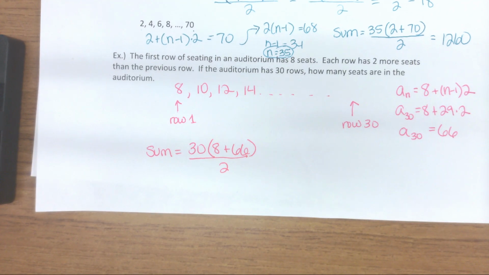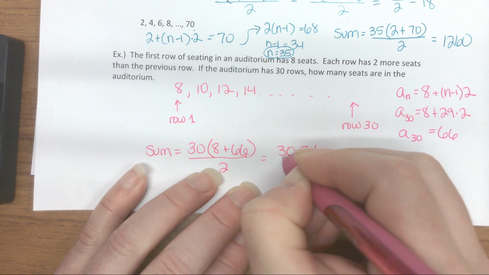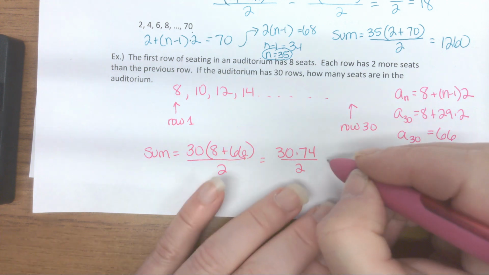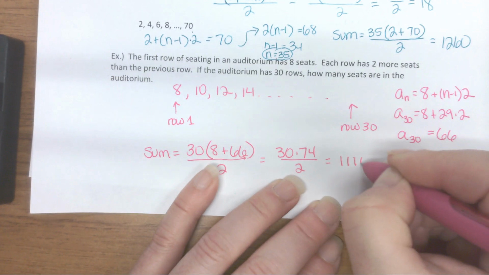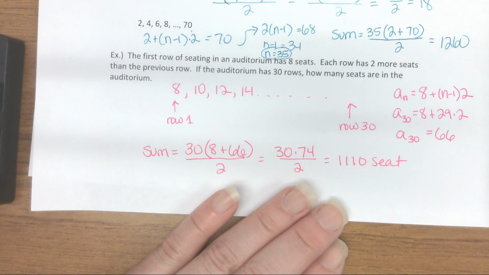So 8 plus 66 is 74. So we have 30 times 74 divided by 2. I got that there were 1,110 seats in the auditorium.